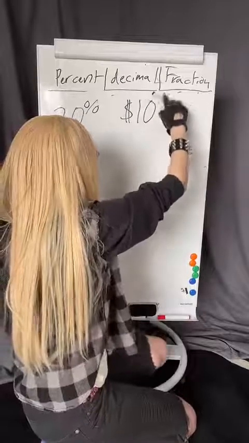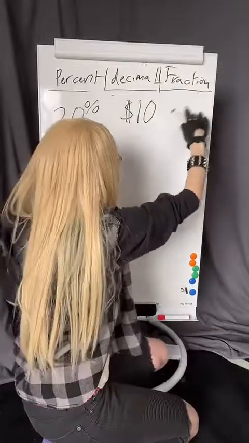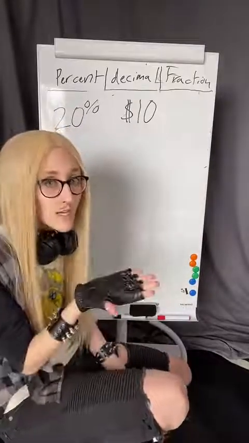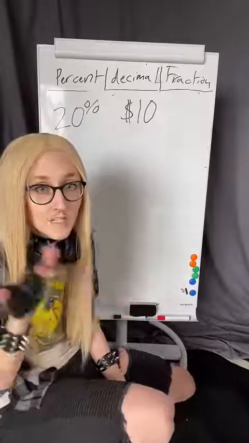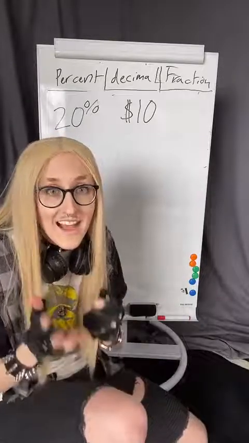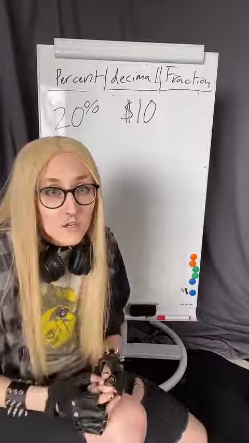I'll take some of those numbers for the next one. So I have 20% off, and the item itself costs $10. My question becomes, how much is it going to cost at the end? How much am I actually paying? To calculate that, we've got to figure out the discount.